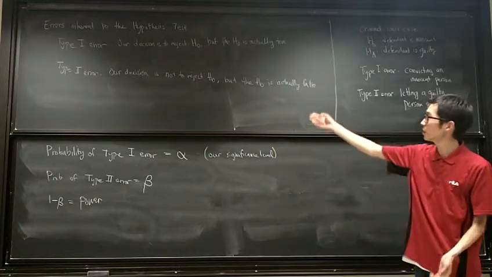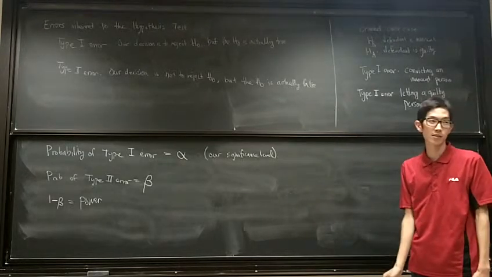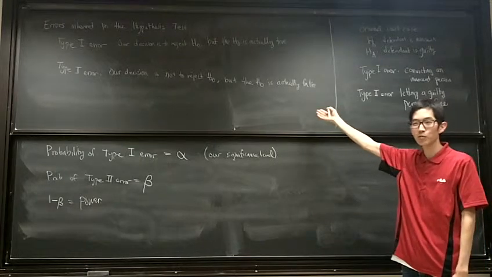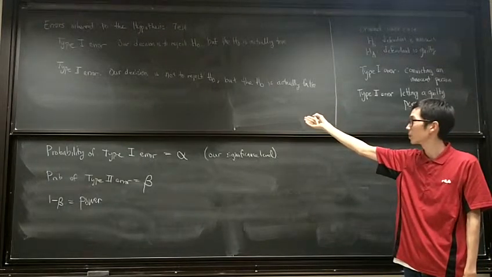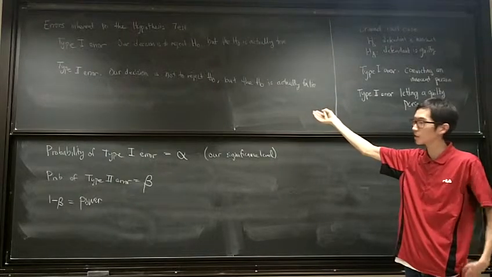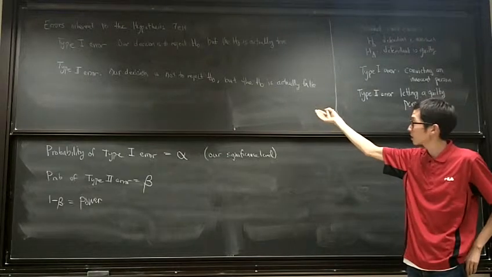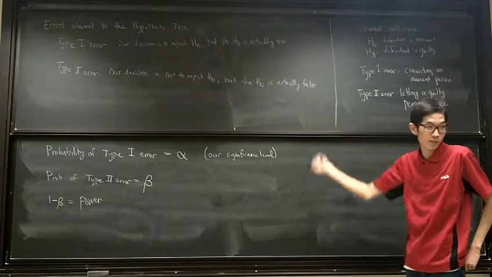What was a type 2 error? Our decision is not to reject the null, but the null hypothesis is actually false. So what does it mean to not commit that? To not commit a type 2 error means our decision is to reject the null hypothesis, and the null hypothesis is actually false. Okay?